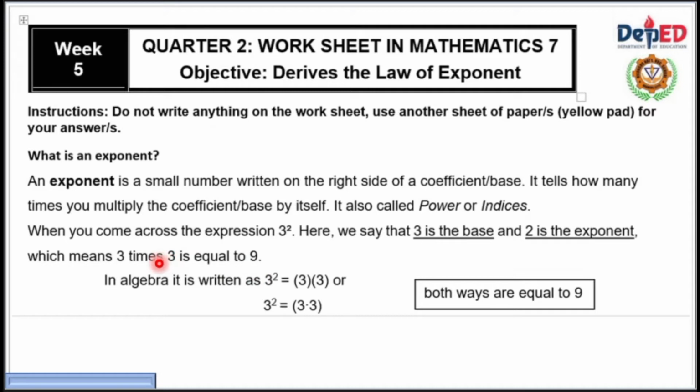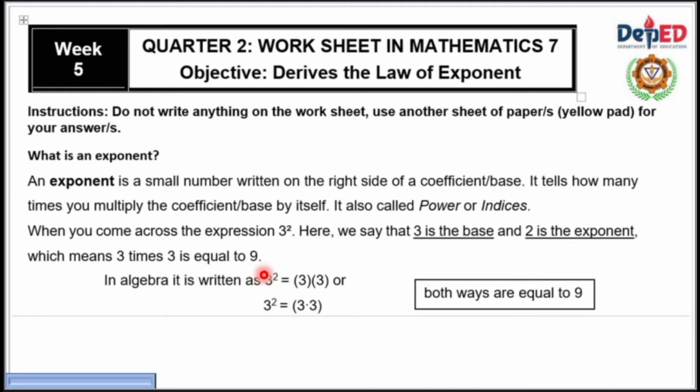So we use 3 twice. The number on top, the exponent, is the number of times we multiply the base by itself. So 3 squared means twice, 3 times 3. That is equal to 9.